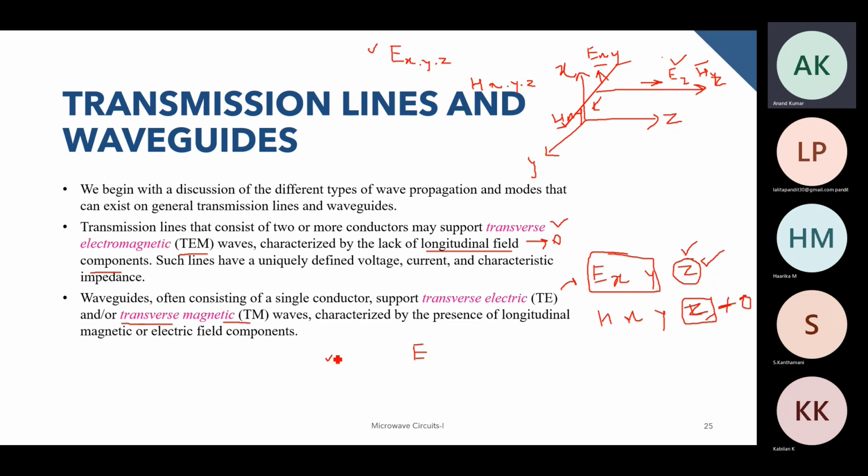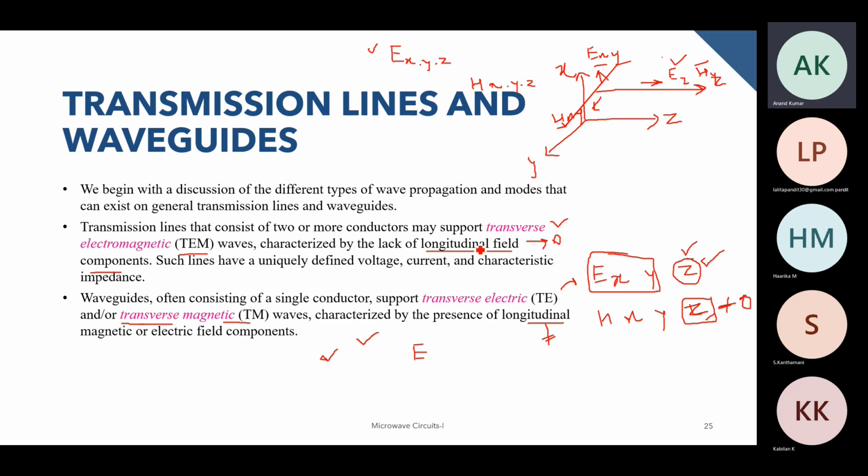If you have any more conclusions, a lot of textbooks write this very clearly, and you can also refer to Pozar. Just remember that the longitudinal components are the components in the direction of propagation. So this is the direction of propagation. Longitudinal components are in the direction of propagation, and the transverse components are perpendicular to the direction of propagation.